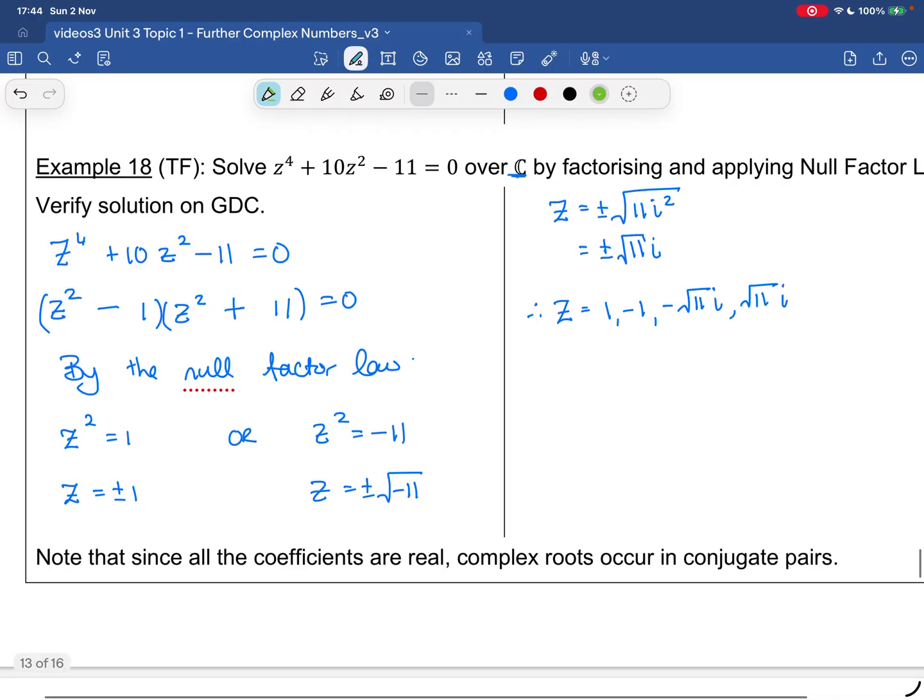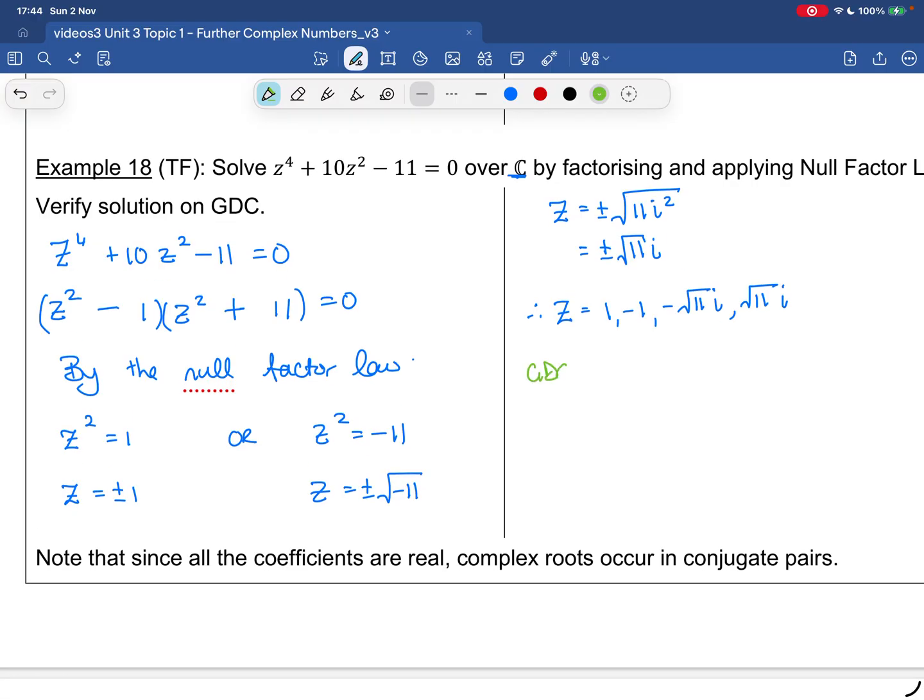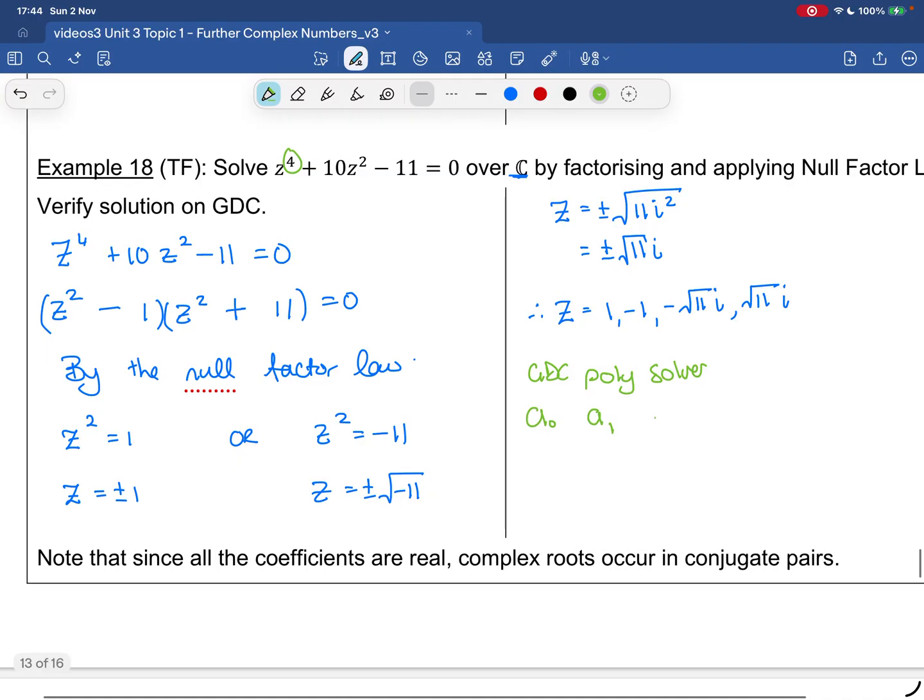On the calculator, you're going to use the polynomial solver. Okay, and it is a degree 4. The important thing there to realize is that there's no cubic term, so you need to put a 0 in for your cubic.